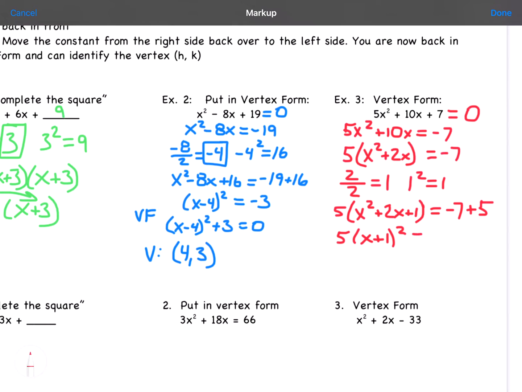And on the right-hand side, we have a negative 2. So to put it in vertex form, we move that negative 2 over. So we have 5 times x plus 1 squared plus 2. And it's still equal to 0. So that means in this case, our vertex would be negative 1, comma 2.